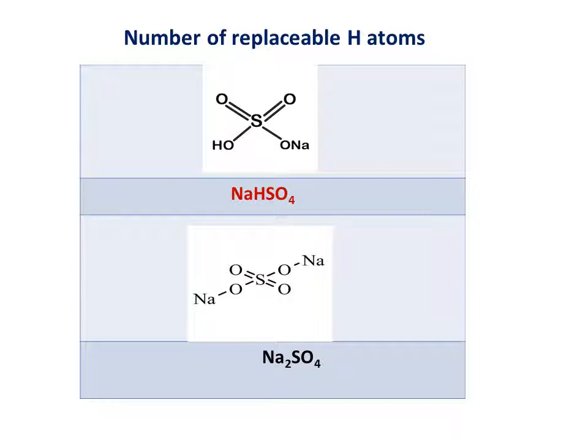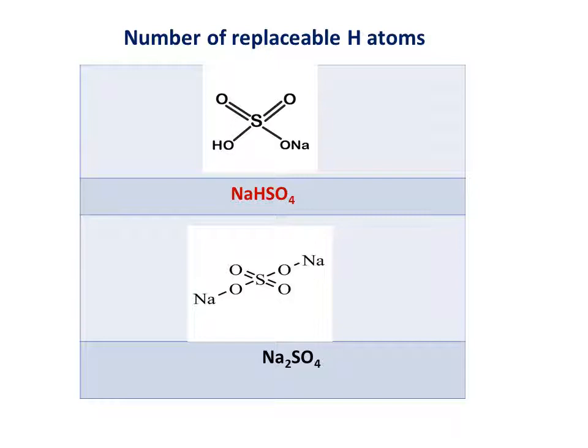Why? Because oxygen is very electronegative. Due to the electronegativity of oxygen, oxygen can take away the shared pair of electrons and hydrogen is released. So that's why here hydrogen is replaceable.